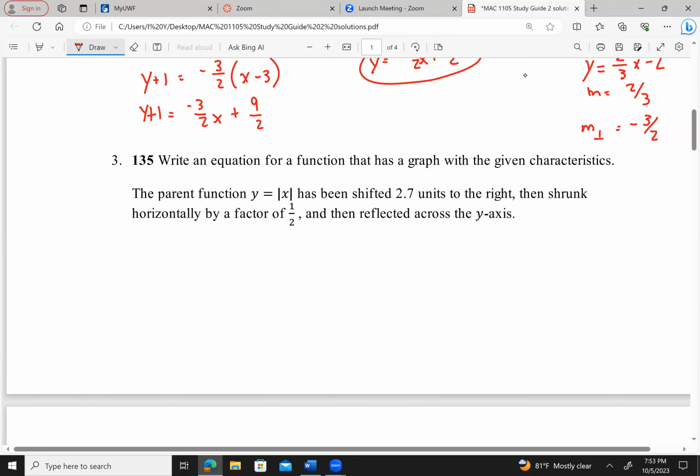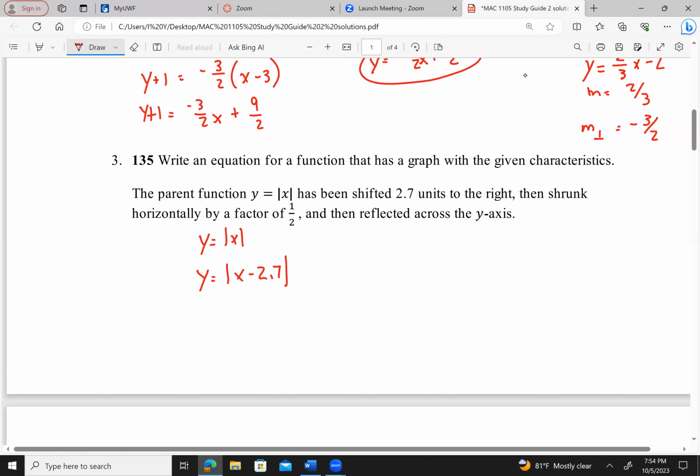Okay, write an equation for a function that has a graph with the given characteristic. We have the parent function, y equals the absolute value of x. We want to shift it 2.7 units to the right. So we do that by subtracting 2.7 inside the absolute value.